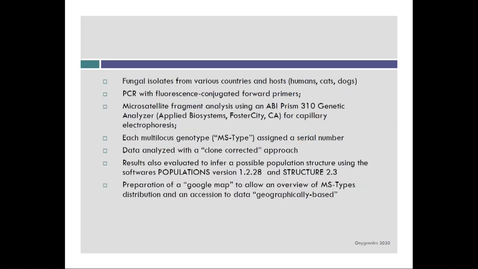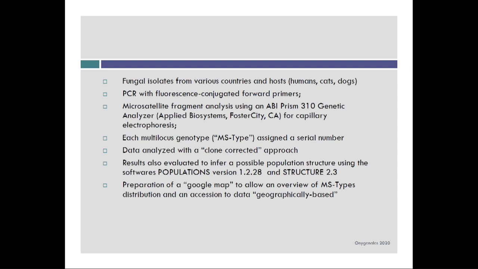The next slide, please. For this reason, we began to build a database, including several fungal isolates from various countries and hosts. The complete method, if someone is interested, is described in depth in the publication I mentioned in the slide before.